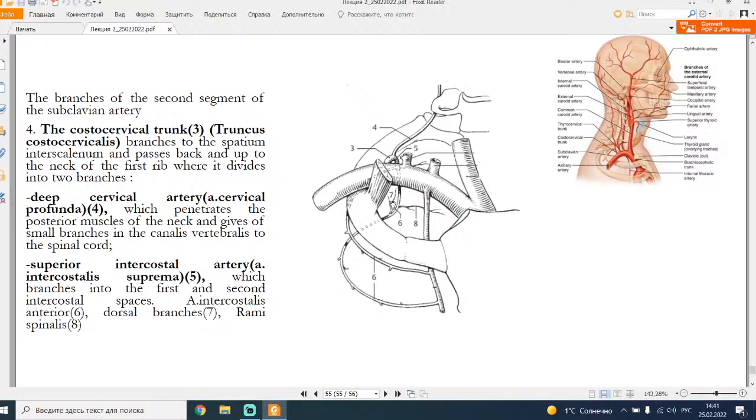Dorsal branches, 7, and ramus spinalis. You see arteria intercostalis anterior. This connects by anastomosis with arteria thoracica interna.